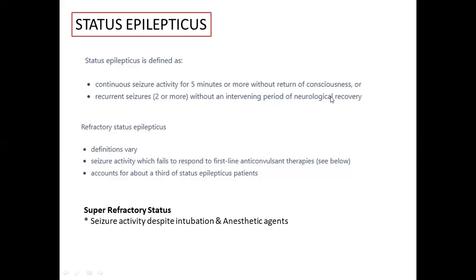That is status epilepticus, right? There are other definitions also, refractory status epilepticus and super refractory status epilepticus. I'll come back to this in a minute. I'll go forward with the status epilepticus diagnosis.